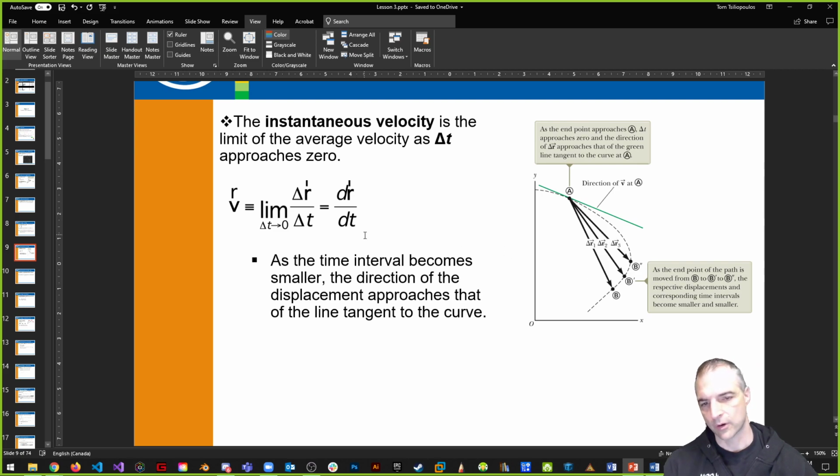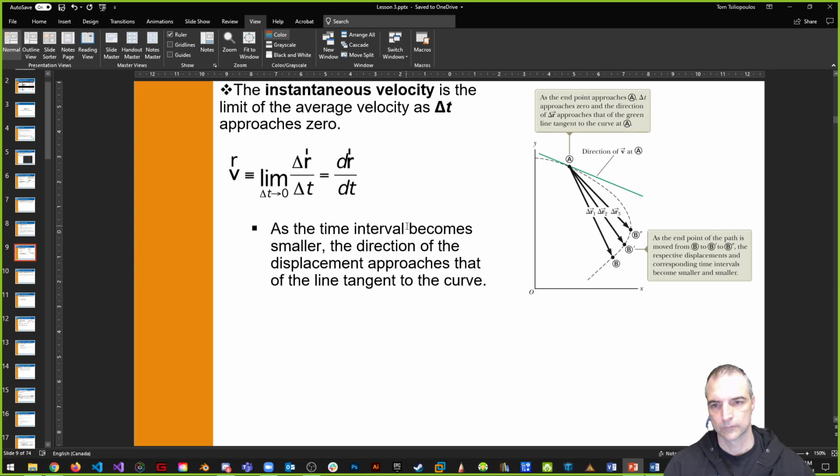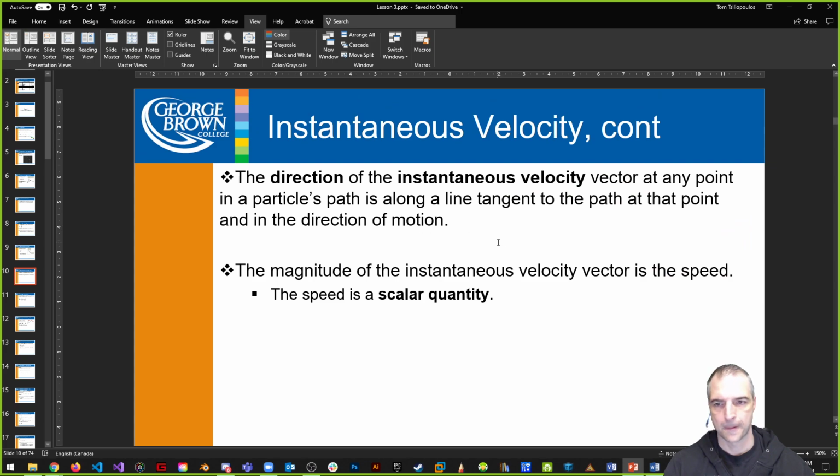Okay, so that's how it works. And you can see that as we're approaching, we can kind of create these secant lines as we're approaching the tangent. This is a tangent line. We keep on coming closer and closer and closer until we get the instantaneous velocity, the tangent line to the curve.